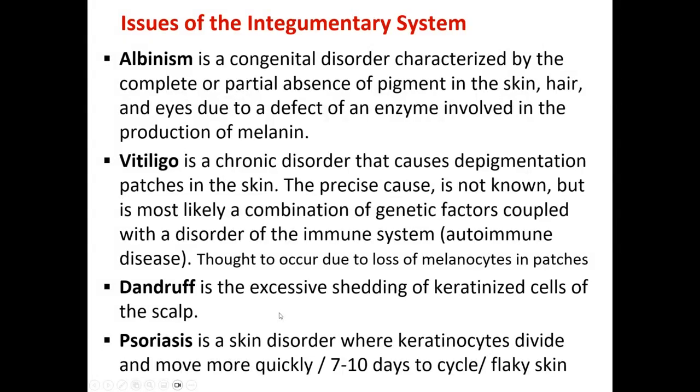To have that condition, the person needs to inherit the gene for that from both parents. If you have just one copy of that gene, you'll be a carrier and you won't have albinism. But if you have two copies of it, then you would have albinism.